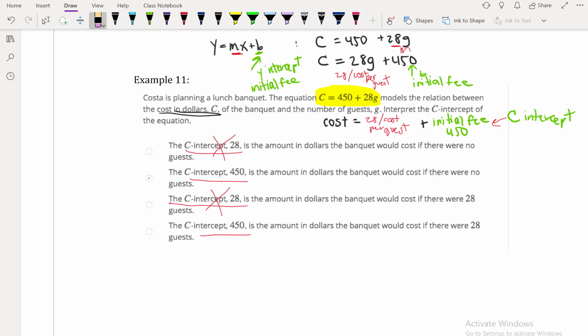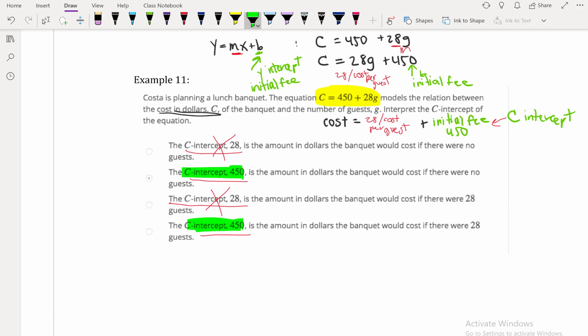So now I just have these 2 to worry about since it has the C-intercept as 450. Now, is this the amount of dollars the banquet would cost if there are no guests, or is this the amount of dollars the banquet would cost if there's 28 guests?